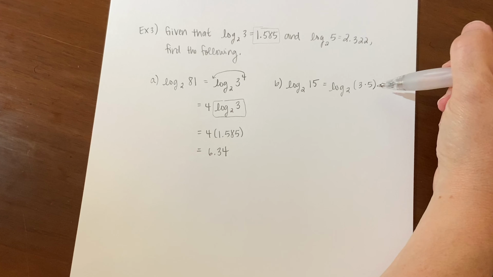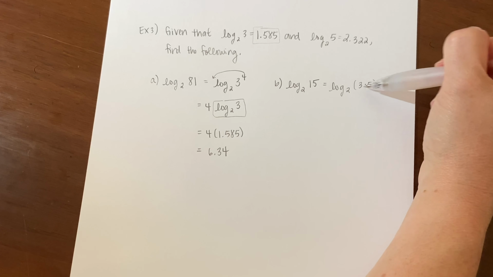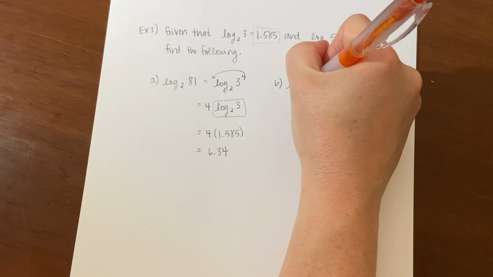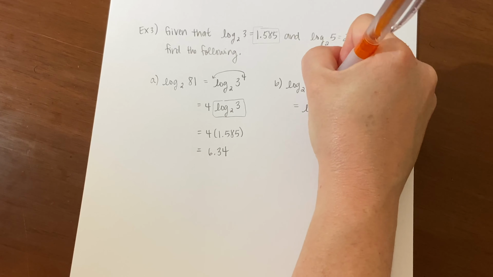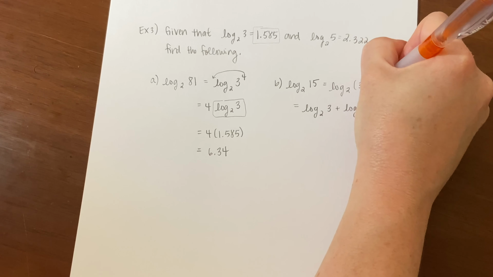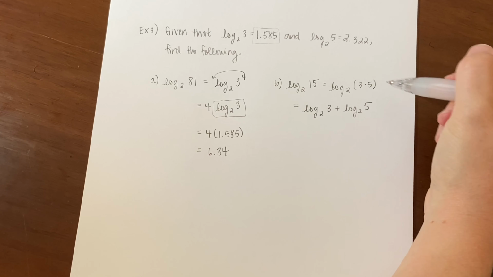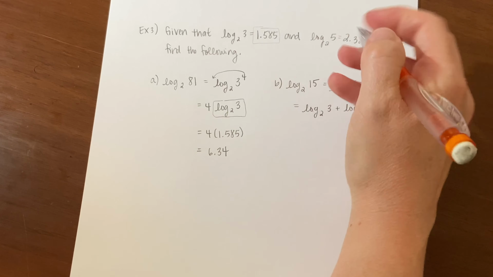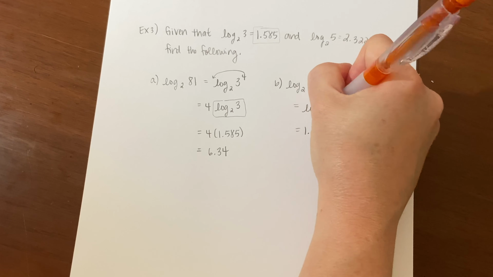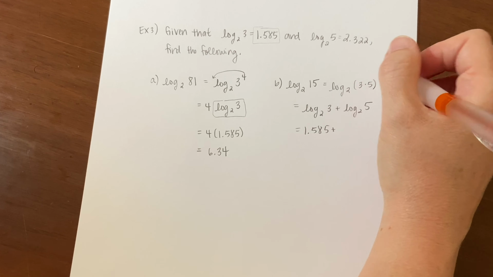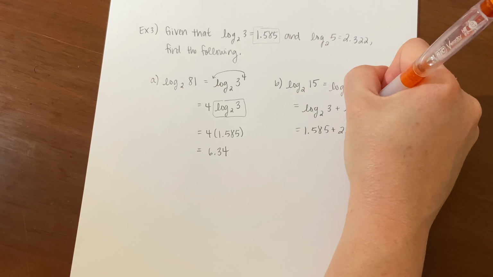All right, we know from law 1 that things that are being multiplied can be expanded using addition. So I'm going to expand this and make it log base 2 of 3 plus log base 2 of 5. That's law 1. Now log base 2 of 3 is a known quantity, 1.585. Log base 2 of 5 is another known quantity, 2.322.